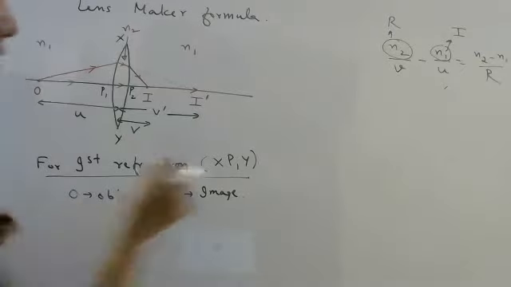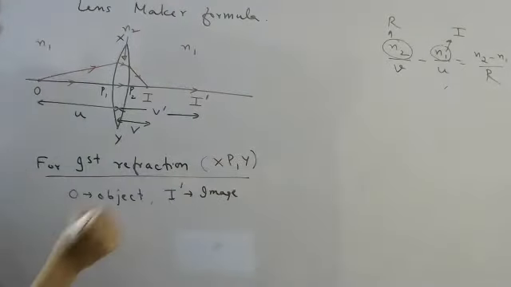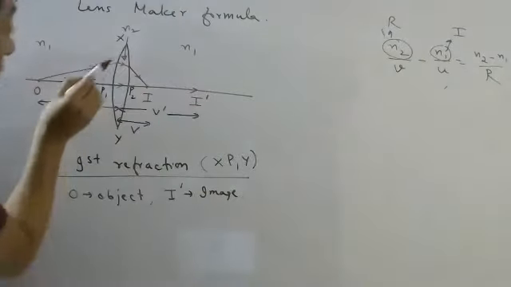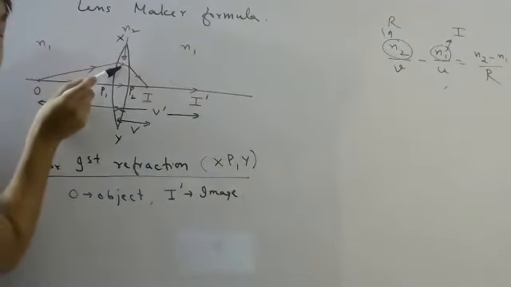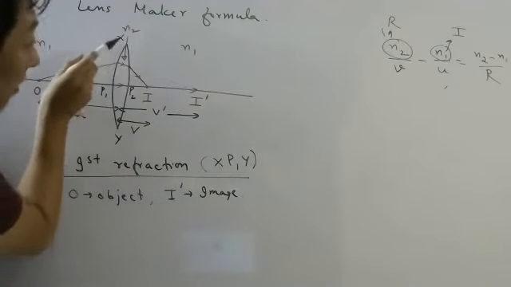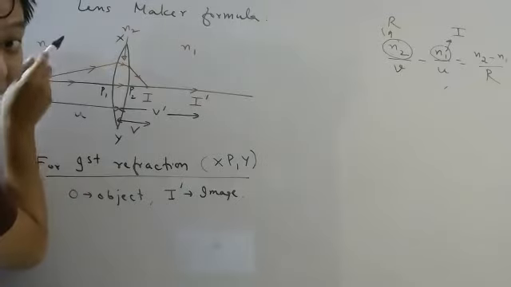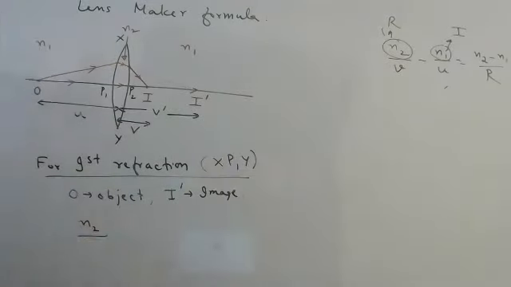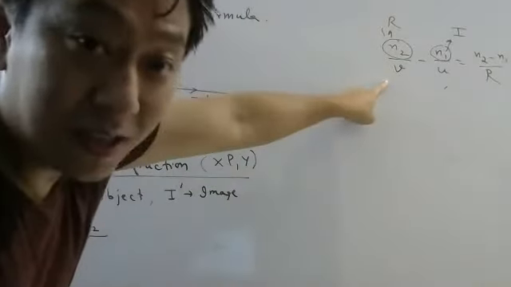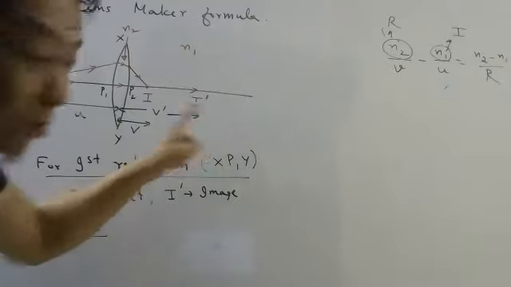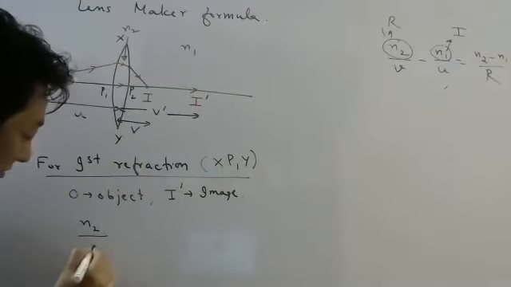Now let us write this formula. N2 is where there is refracted ray. So for the first surface, this is refracted ray, and this refracted ray is in which medium? N2, not N1, remember. So this formula will be N2 by V. V is the image distance. For the first surface, who is the image? I dash. So what will be image distance? V dash.